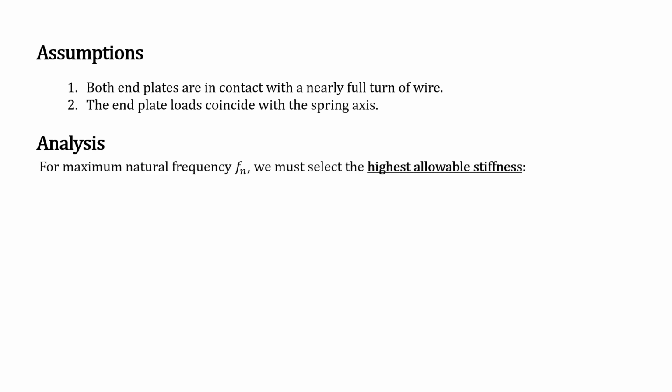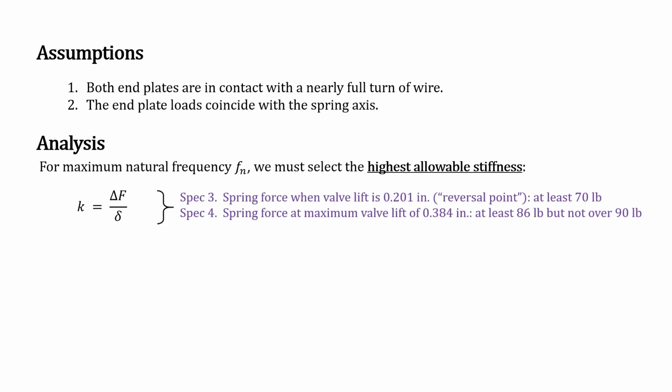So for the maximum natural frequency, which is fn, we have to select the highest allowable stiffness. Our stiffness here is just a ratio between your force and your actual displacement, delta. The two specifications we care about here are number 3 and 4.